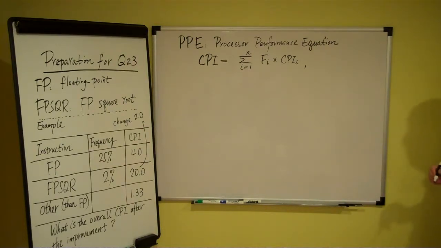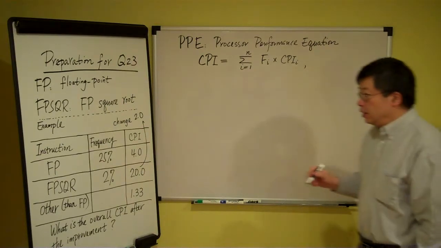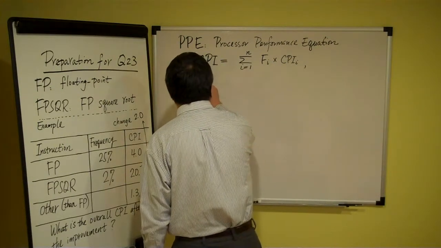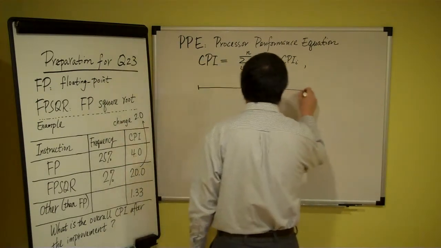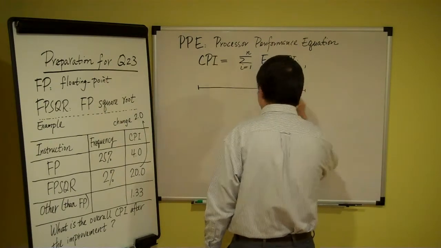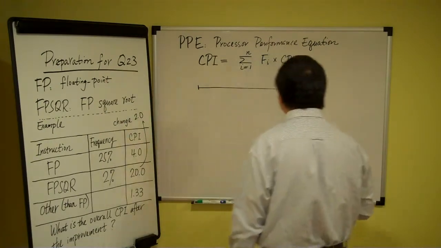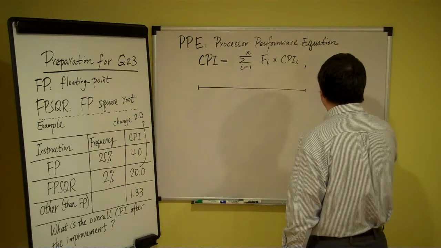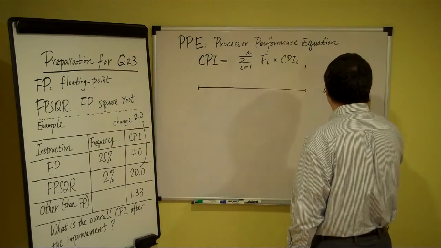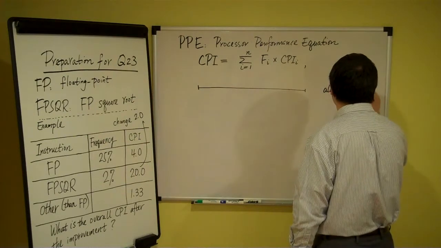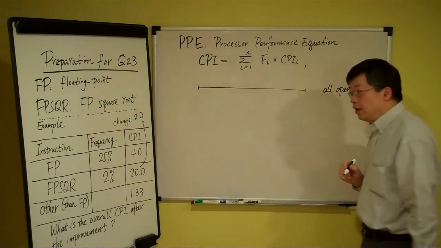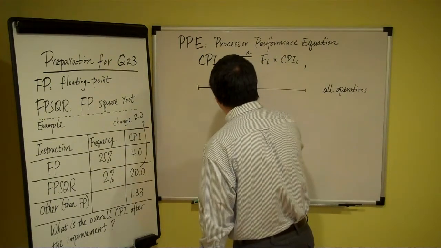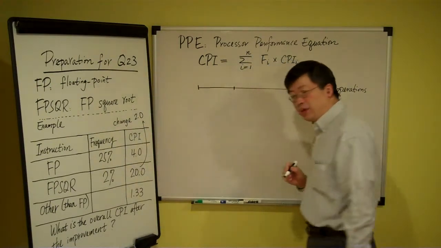All right. Let's draw a diagram. Typically, we draw a diagram. This line segment represents all operations. Then, let's do some partition.